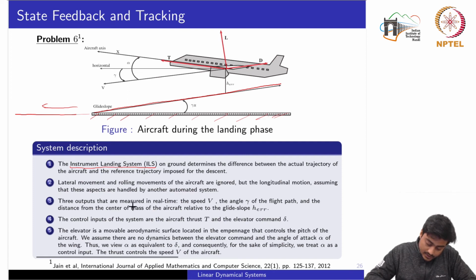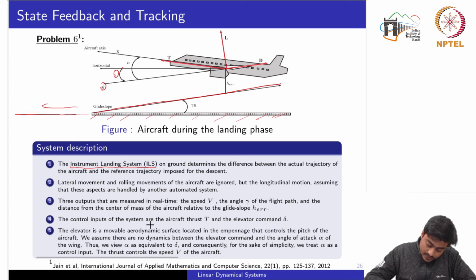So the three outputs that are measured in real time are the speed v of the aircraft along this glide slope, the angle gamma of the flight path from the horizontal axis, and the distance from the center of mass of the aircraft relative to the glide slope. So this is the h error.